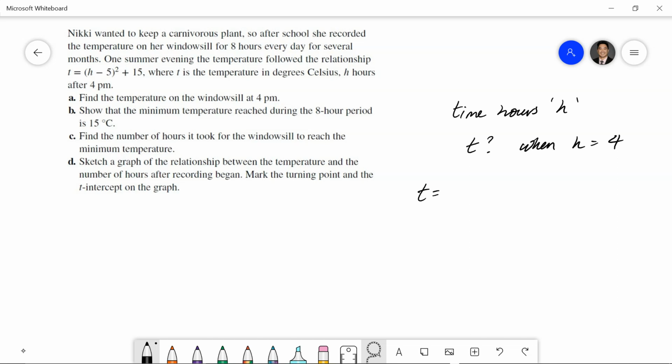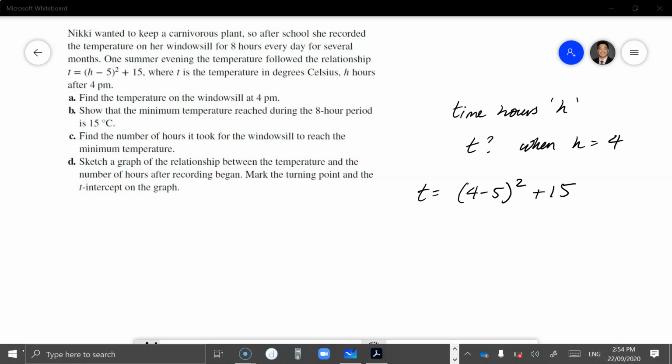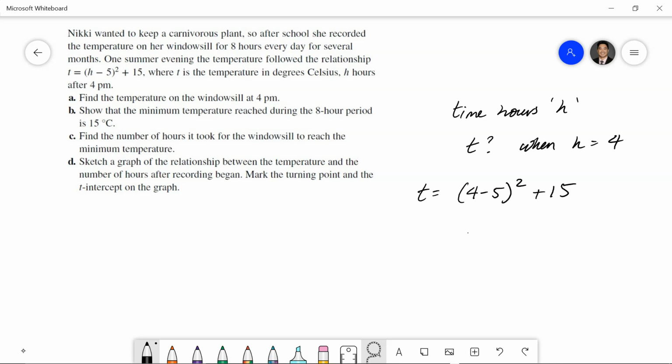So T is equal to 4 minus 5 all squared plus 15. So 4 minus 5 is just minus 1. And minus 1 all squared is 1, plus 15 is equal to 16 degrees Celsius. Okay, so that's the first answer, 16 degrees Celsius.